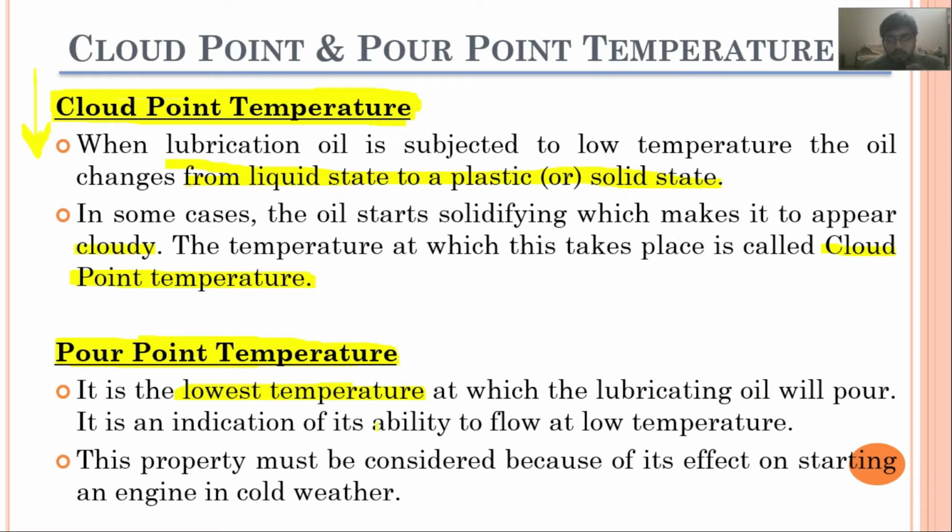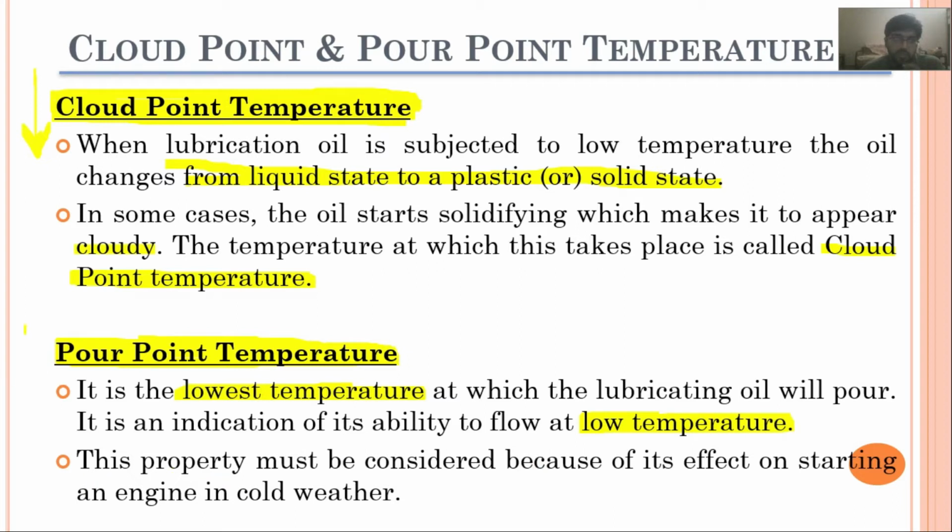It is an indication of its ability to flow at low temperatures. It means the lower the pour point temperature of a lubricating oil, the more it can flow, it can be poured at very low temperatures as well. This property must be considered because of its effect on starting an IC engine in cold weather.